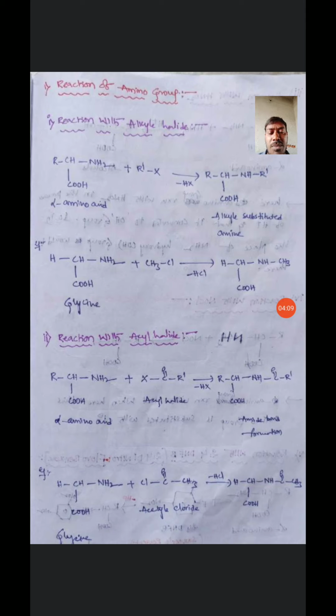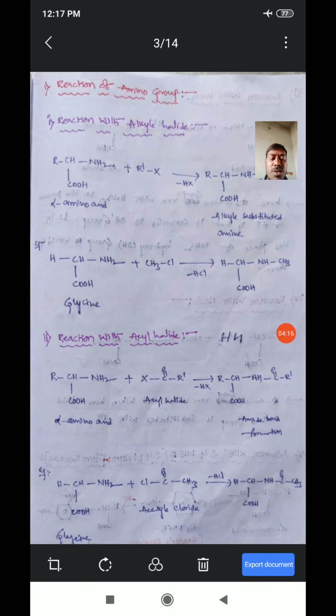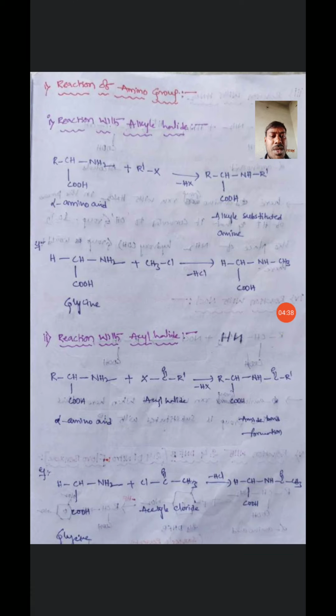For example, here I am taking glycine, CH2COOH and NH2. This is the glycine formula. Glycine reacts with alkyl halide, CH3Cl, with removal of HCl, and it forms a methyl substituted amine, CH2COOH NH CH3.